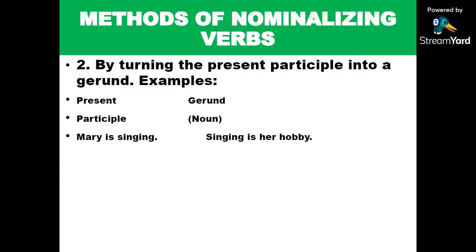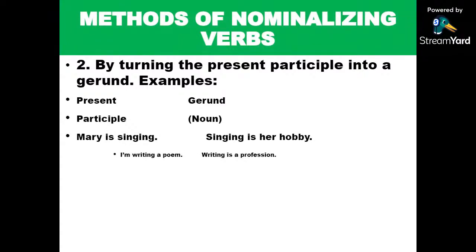The present participle here is singing, and the word singing is the main verb in the verb phrase is singing. Now, when we look at turning singing into a noun, we call that a gerund. Singing is her hobby. Singing now becomes a noun instead of a verb.